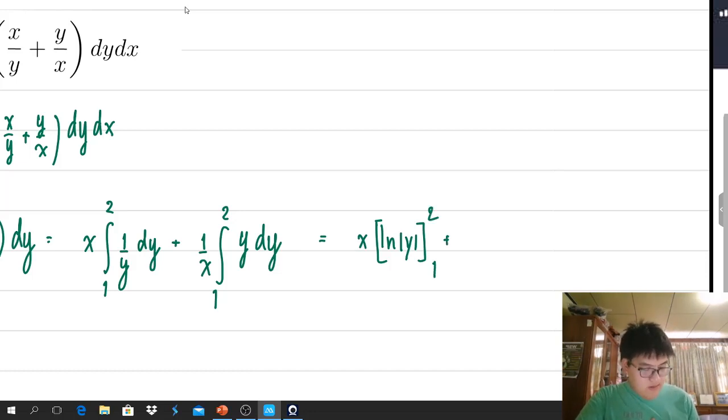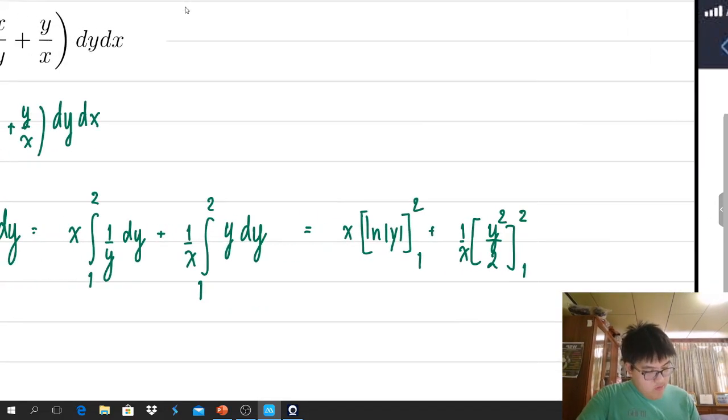And then this one we will get 1 over x, and this one is y squared over 2, and the boundary is 1 to 2, and then we will move the constant out. It will look like this: 2x.